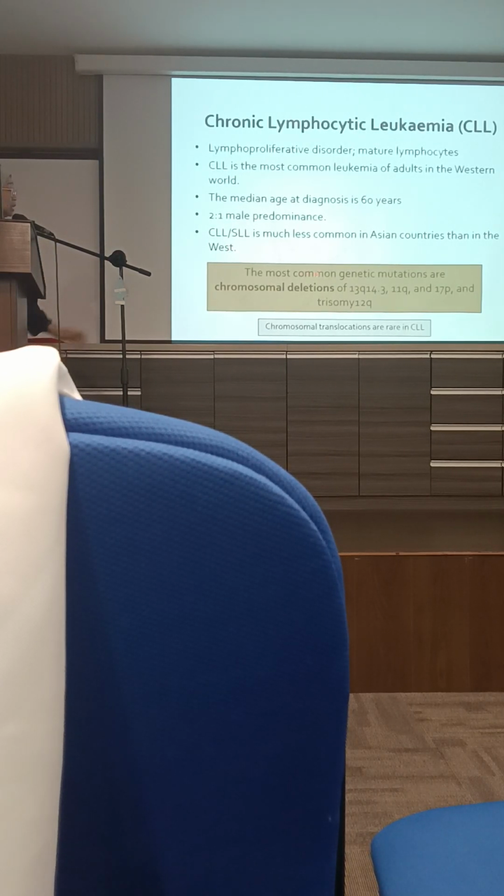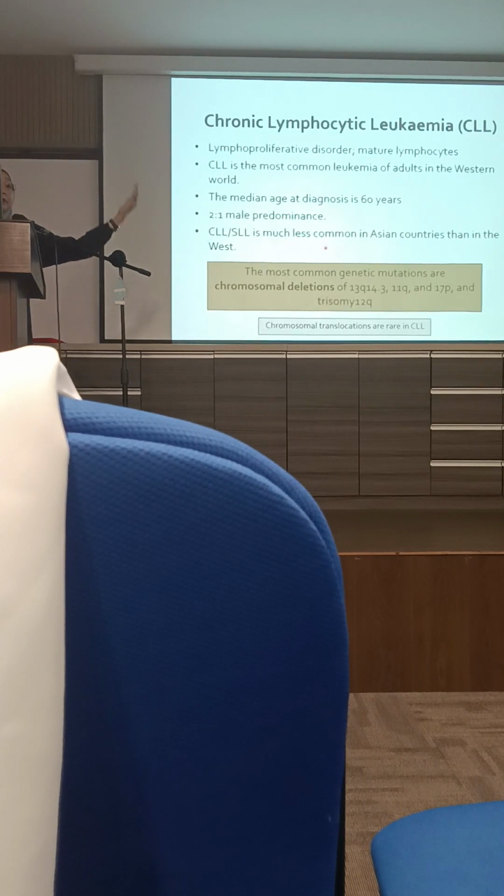So again, this is because of some genetic aberrations. Do you still remember the pathogenesis? The main possibility is a chromosome aberration, a chromosome translocation, genetic aberration. You acquire it just like that. The most common mutations associated with CLL are chromosomal deletions. Chromosomal translocations can happen, but they are rare, that's why the box is small.